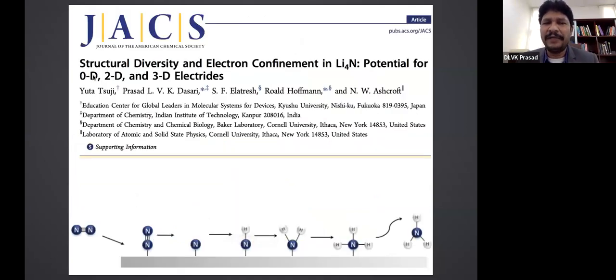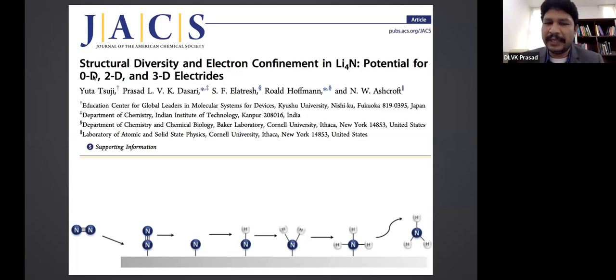So we have developed a model where we have obtained, in silico, a structure in which these electrons are confined in a solid matrix, but they are loosely bound. And these electrons can be used in the synthesis of ammonia, for example.